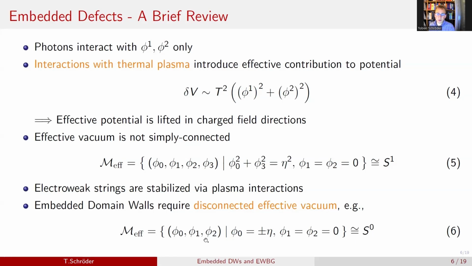If now the fields phi1 and phi2 are again electrically charged, but phi0 is not, then plasma interactions will lift the potential in the phi1 and phi2 directions and not in the phi0 direction, and the effective vacuum becomes disconnected, and we obtain plasma-stabilized embedded domain walls. Later on, we will see a particle physics model where this is actually realized.